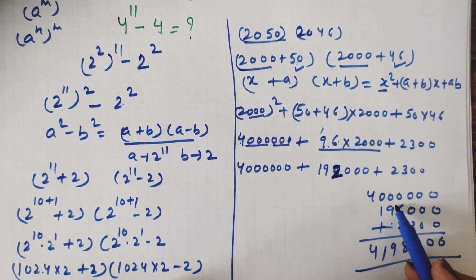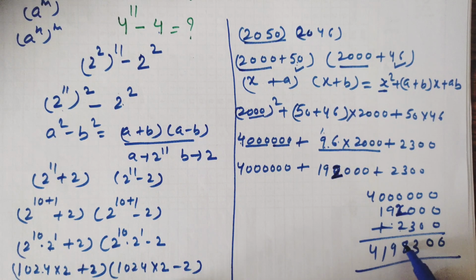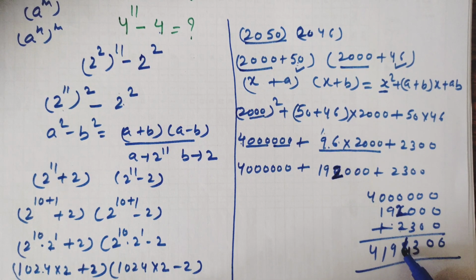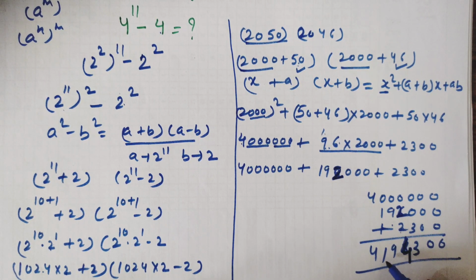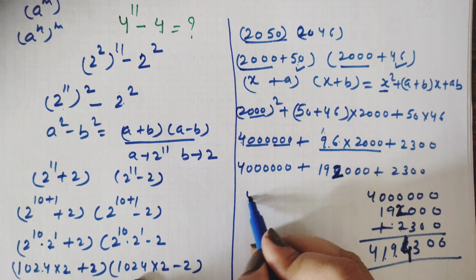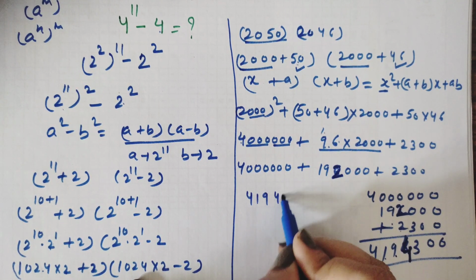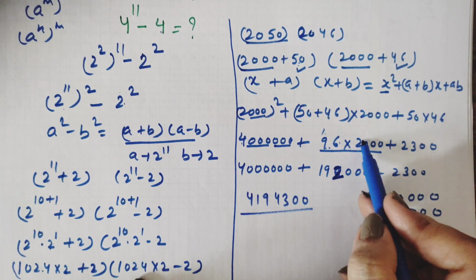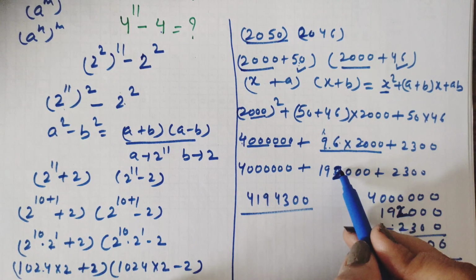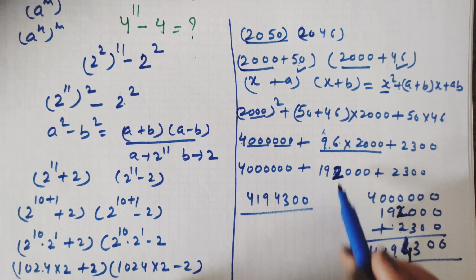So it will be 192, and the final answer is 419430. Please correct it: it is not 6, it is 2.